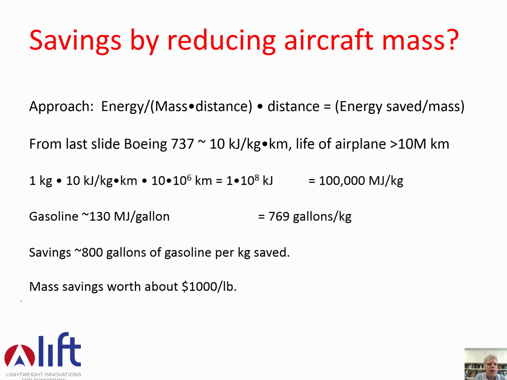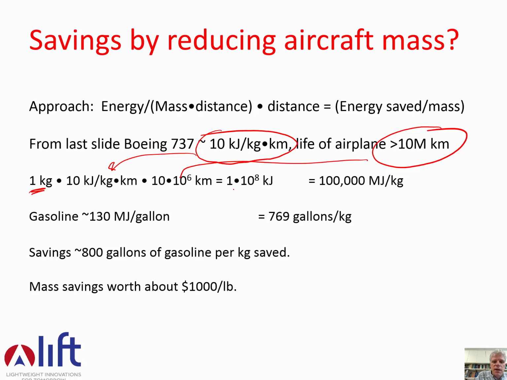If we do this for an airplane, we can do the same thing, except we have different numbers. For an airplane, there's a much higher number. It's about 10 kilojoules per kilogram per kilometer, and that's on the low side. And airplanes go at least 10 million miles, usually much more than that. So if I do the same approach, we have 1 kilogram multiplied by this energy burn rate, multiplied by the life expectancy, and I get about 1 times 10 to the 8, about 100 million kilojoules saved.